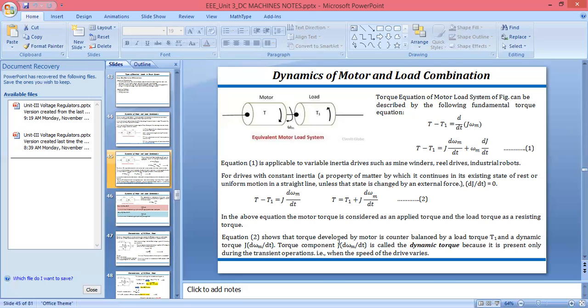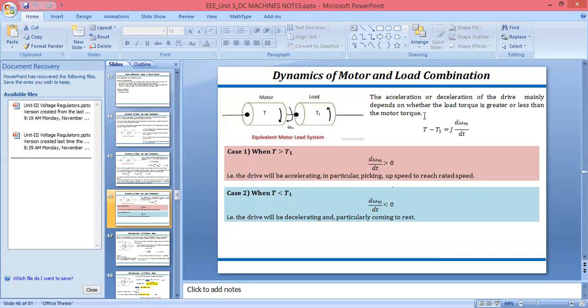This torque component is called the dynamic torque because it is present only during transient operations, when the speed of the driver is varied and the driver has constant inertia. So we call this the dynamic torque.